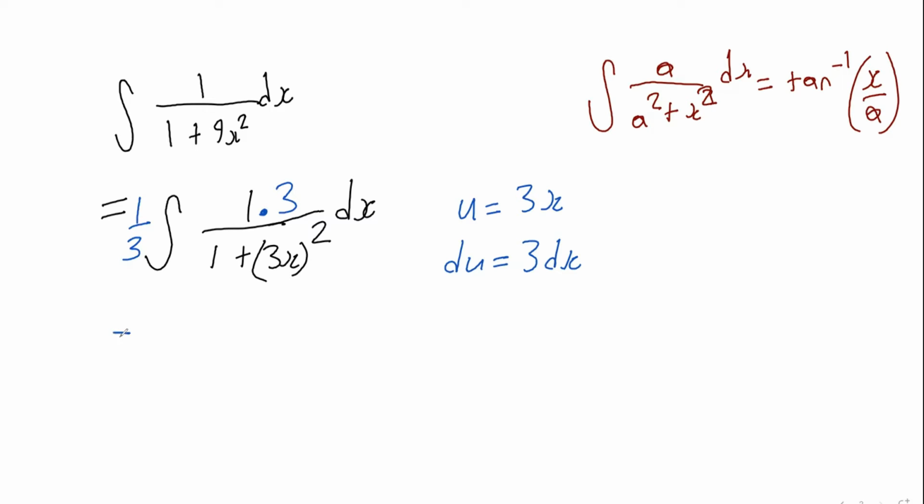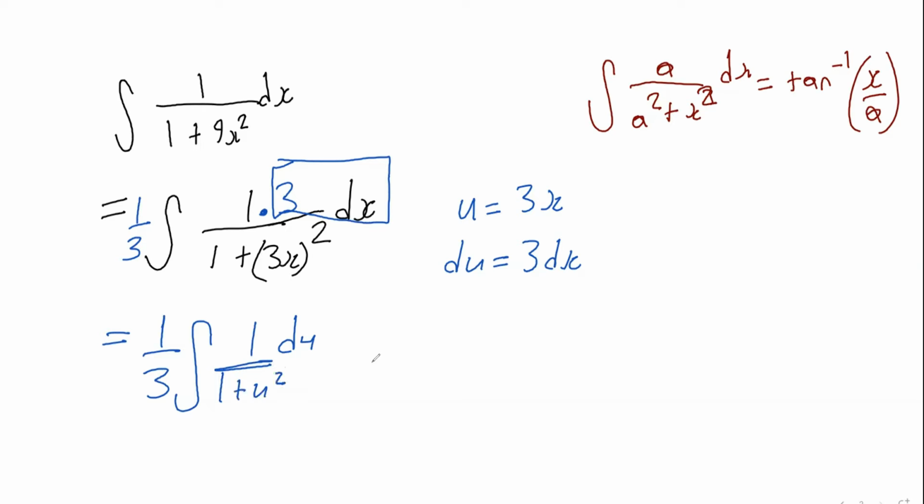So now you can look at it as 1 over 3 times the integral of, since this is 3 dx now, this part becomes du. So this is 1 du over 1 plus 3x squared. 3x is u, so this becomes 1 plus u squared.